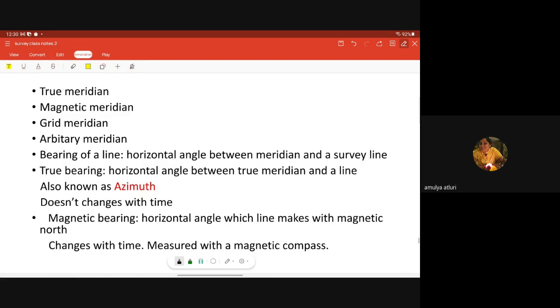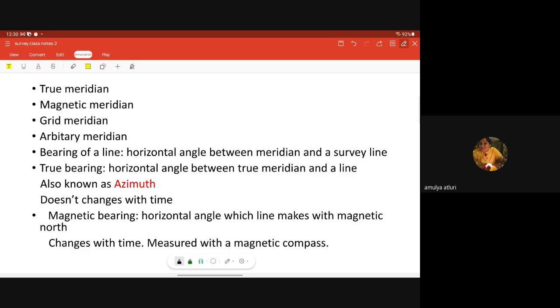So how do we go with the angular measurements? We use compass. Previously, in yesterday's class, we dealt with the compass, with the theodolite. With the help of a total station we can measure the angle, right?